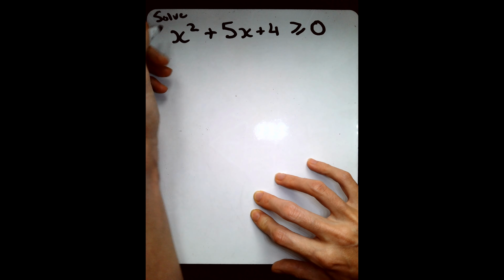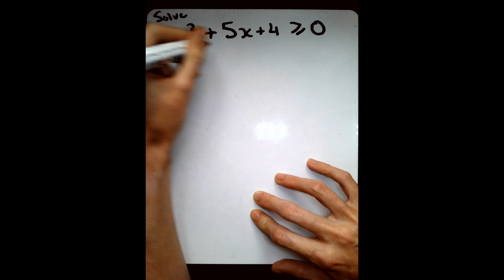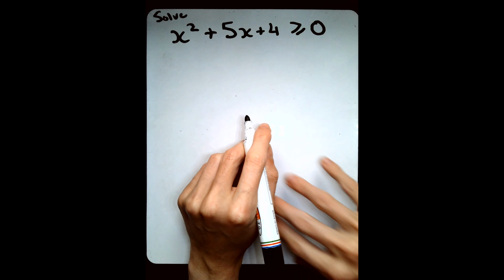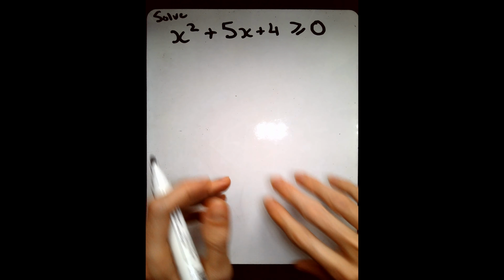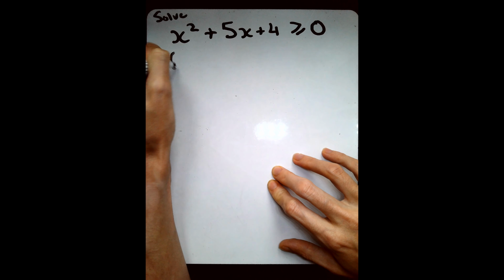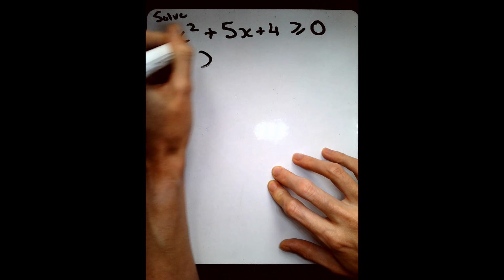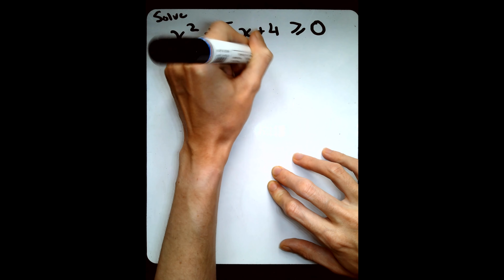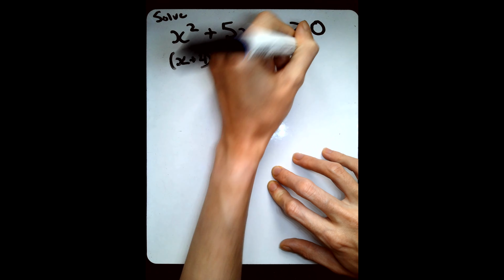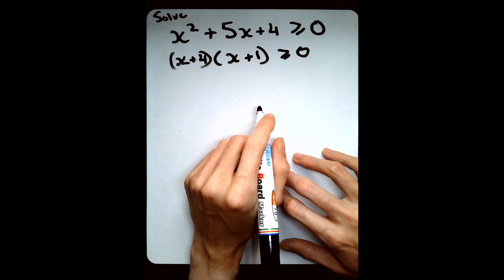So to do that, we need to solve this quadratic, and you can do that in a couple of ways. You can do that by factorising it if that's possible, or using the quadratic formula. For this one, I know I can factorise it, so it's going to be x plus 4, x plus 1, and we're looking for where this is greater than or equal to 0.